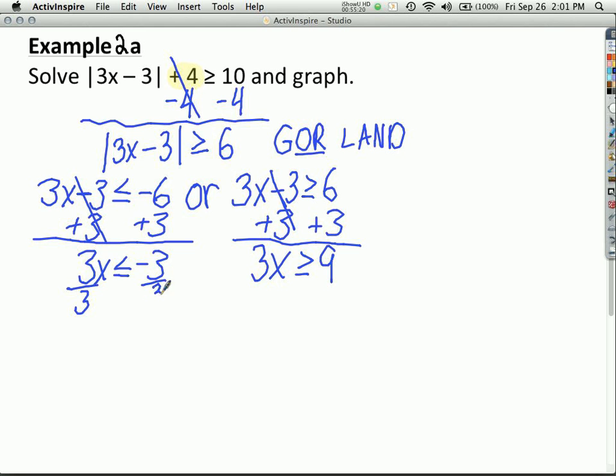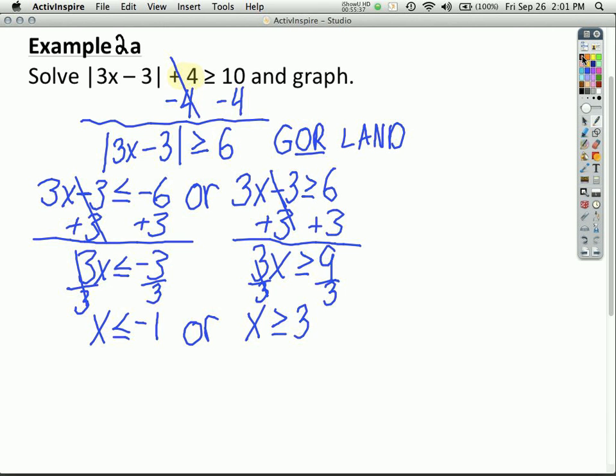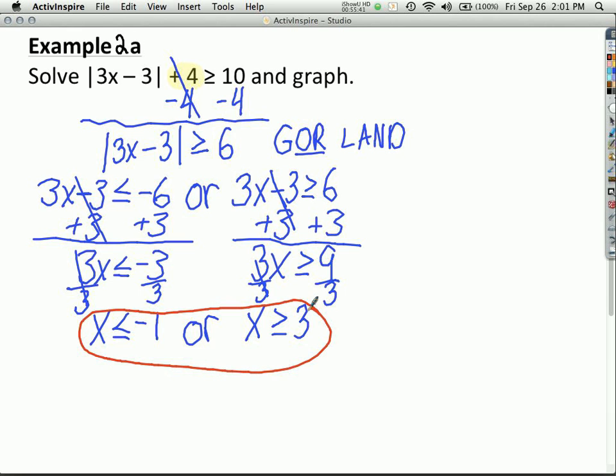Divide both sides by 3. We did not multiply or divide by a negative number. And so we end up with x is less than or equal to negative 1, or x is greater than 3.